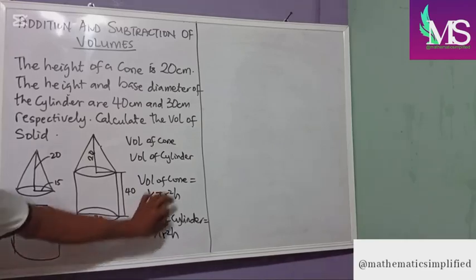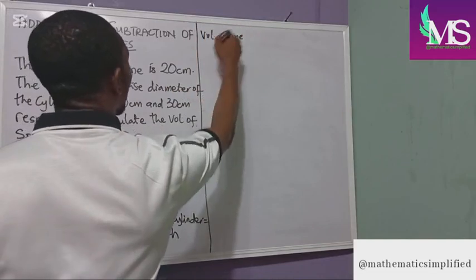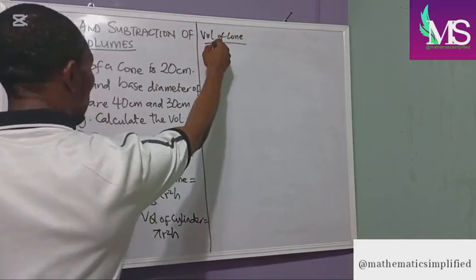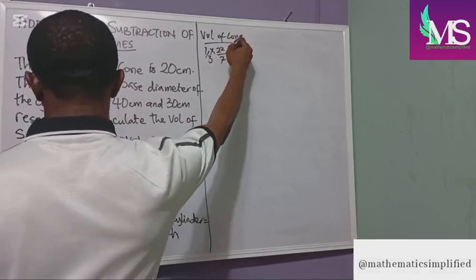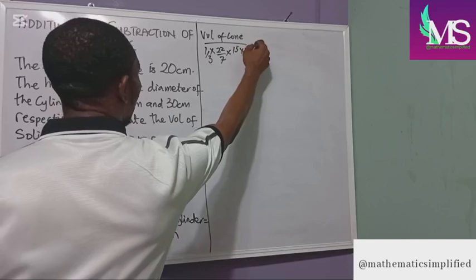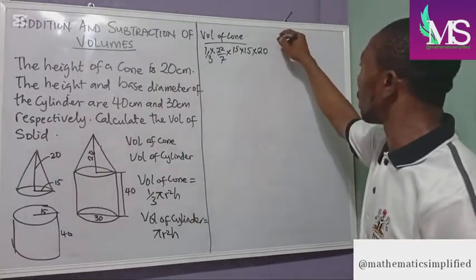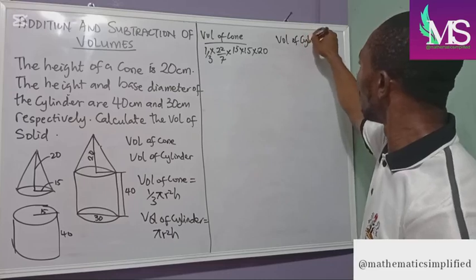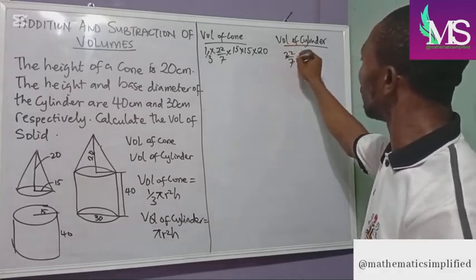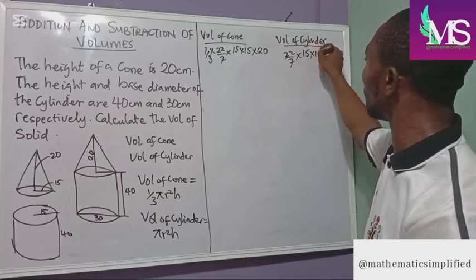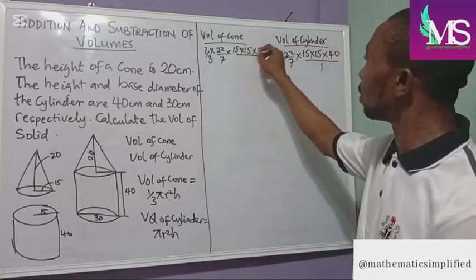So inputting these figures, the volume of cone will give us 1/3 times pi, which is 22/7, times radius 15, times 15, times our height, which is 20. While the volume of cylinder will become 22/7 pi times 15 times 15 times our height, which is 40, all over 1.